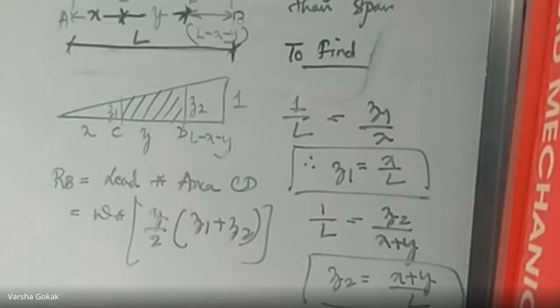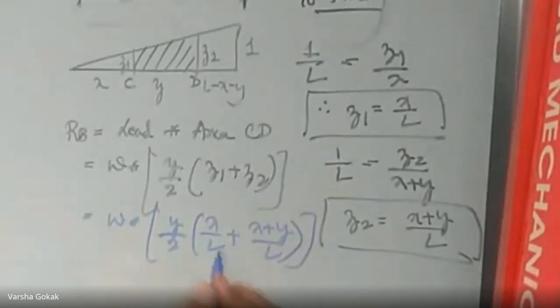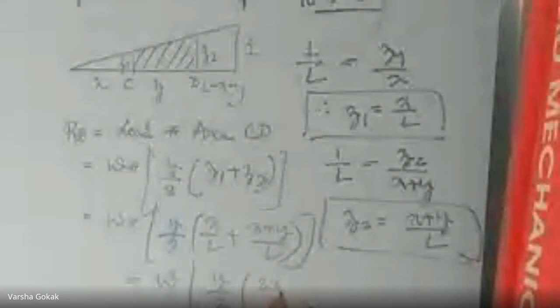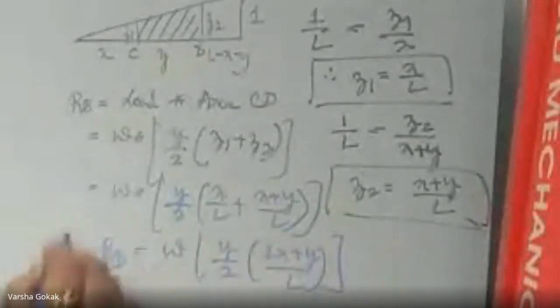Let us substitute W into Y by 2, keep it as it is, Z1 and Z2 are here: X by L plus X plus Y by L. So here the L is the same. So I have 2X plus Y. So I'll finally write W into Y by 2 into 2X plus Y divided by L. This is the value of RB.